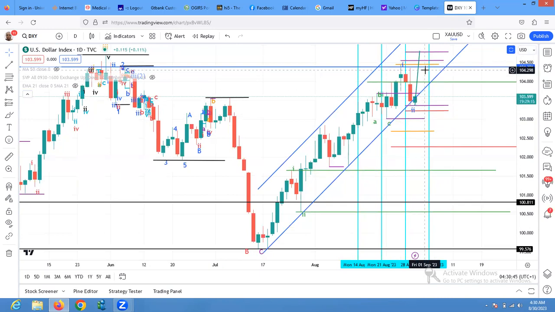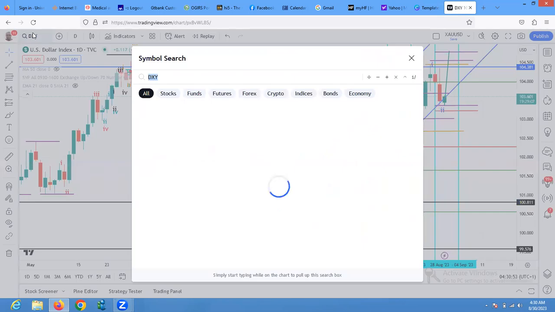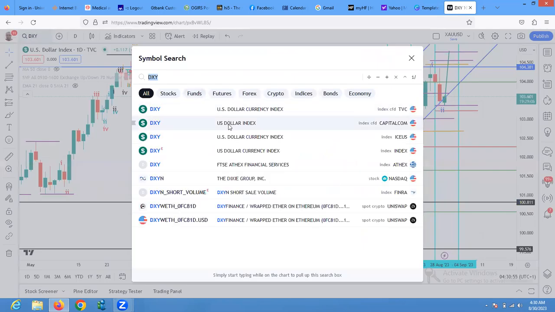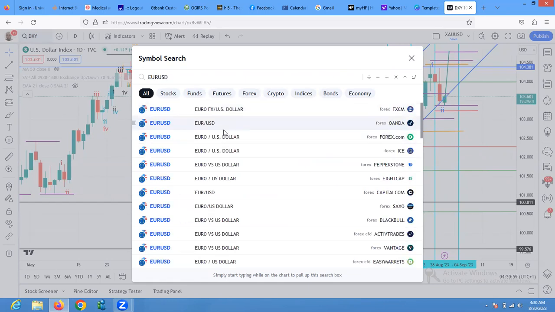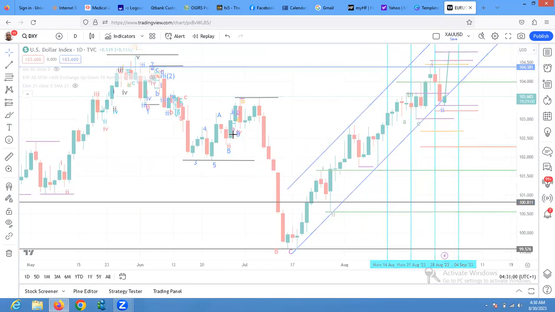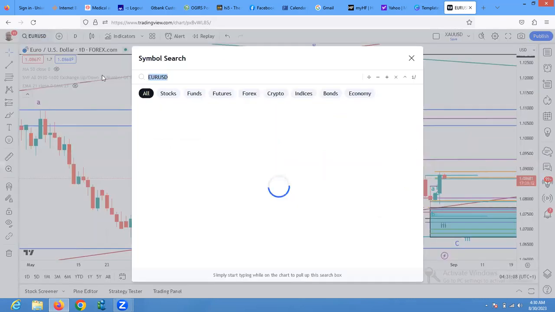And if we break the top, it's a new structure and potentially the last structure. So let's now take this to Euro USD, Euro dollar. Is this where I've been working? Let me see. I'm not so sure.